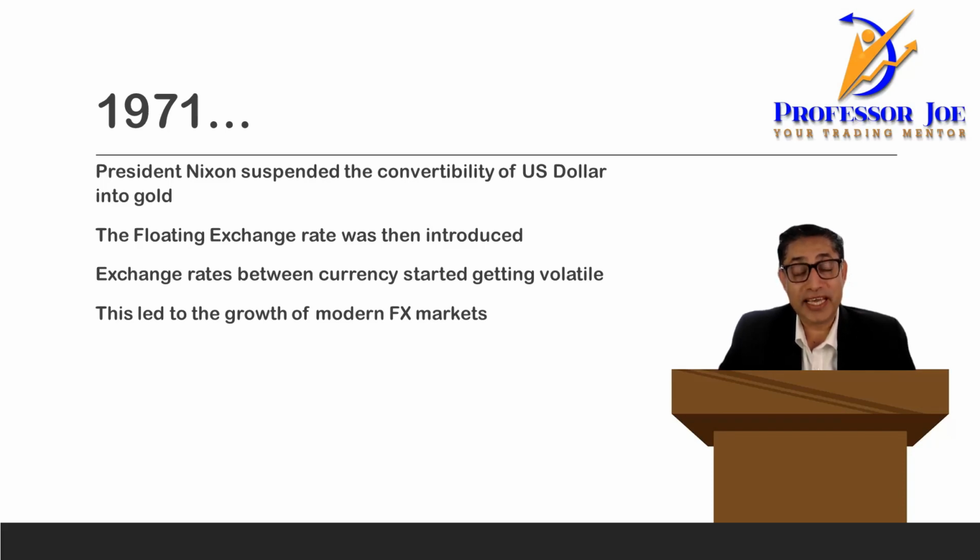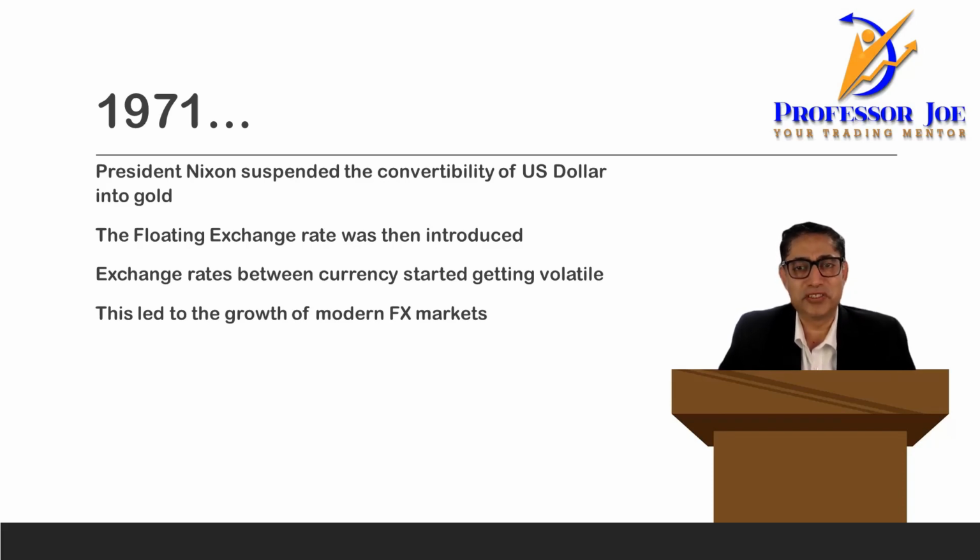The new floating exchange rate was introduced. Because of the new floating exchange rate, there was a lot of volatility in the market, and because of this volatility, a new era of the Forex market started. What you see today is because of this particular decision in 1971. The new Forex market is a free floating mechanism.